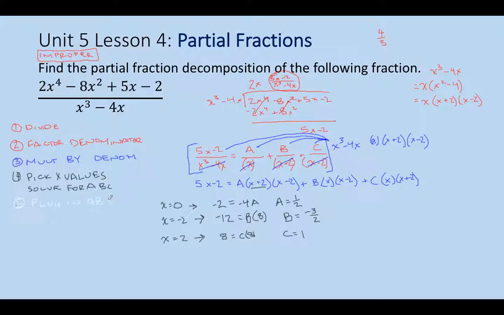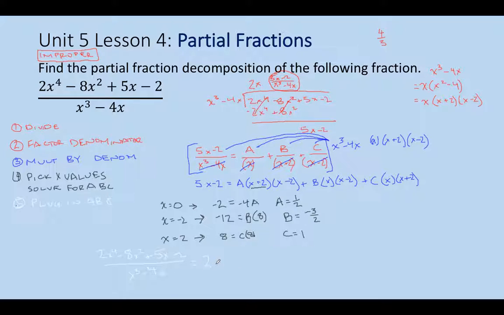All right, and so as I plug these back in, again, the whole idea was that I decompose this guy. So I'm going to start by saying, if the original thing was 2x to the 4th minus 8x squared plus 5x minus 2 divided by x cubed minus 4x, well, this now equals, don't forget that way back in the beginning here we had a 2x.